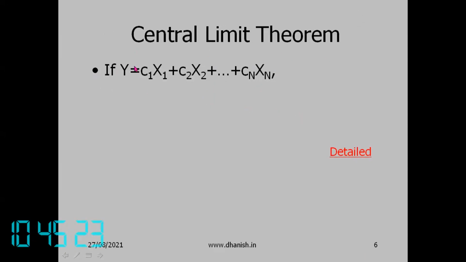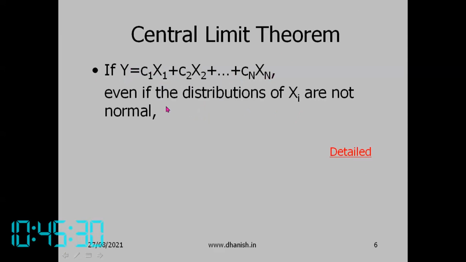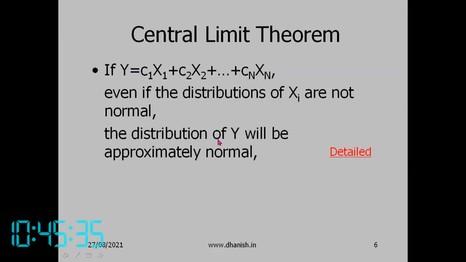If y is a linear combination of random variables x1, x2, etc., xn, even if the distributions of the xi are not normal, the distribution of y will be approximately normal. You can try this with a simple simulation: generate random numbers uniformly distributed between certain limits, then simply take the sum. The resulting distribution will be somewhat normal.